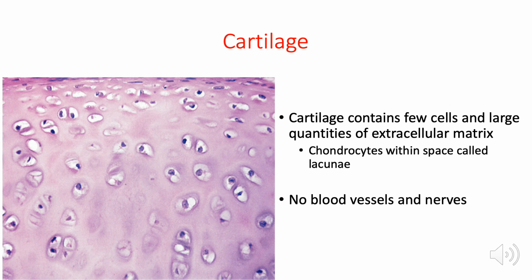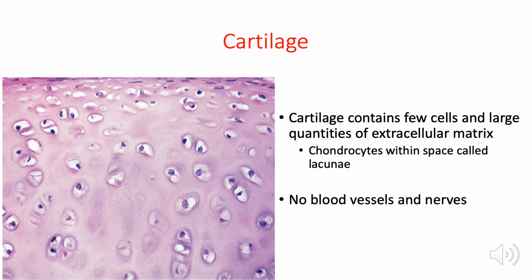Let's go back to this picture of the cartilage. At this point, please familiarize yourselves with how chondrocytes appear so that if you're already used to how they look, it would be easy for you to identify that the tissue you're looking at is a cartilage and not a bone and not a connective tissue and not an epithelium.